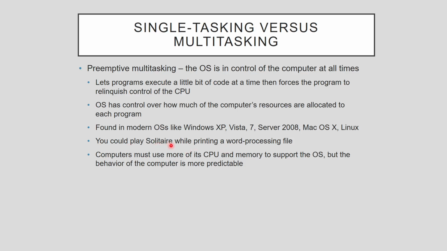Like playing solitaire while printing a word processing file within a preemptive multitasking system is not a problem. And both processes get enough CPU time to do their jobs. And the user is unaware that the system has been rapidly switching between tasks.